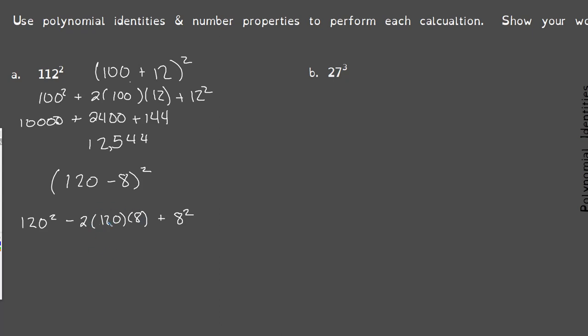And so if we do 8 times 12, that would be 96, times 2, which is not 2,000. We're 80 short of 2,000, so 1,920.